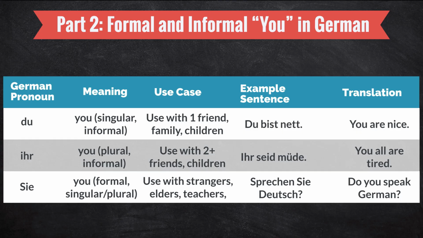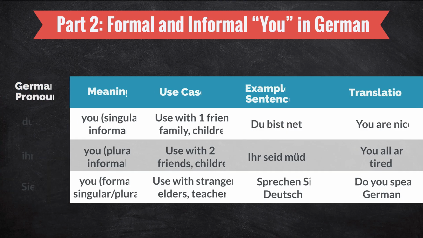Sie is always capitalized, and it's used whether you're speaking to one person or a group, as long as it's formal. One of the most common beginner mistakes is using du when you should use Sie. This can sound rude or disrespectful, especially in German culture where politeness is important. When you are in doubt, simply use Sie. It's always safer to be formal at first.